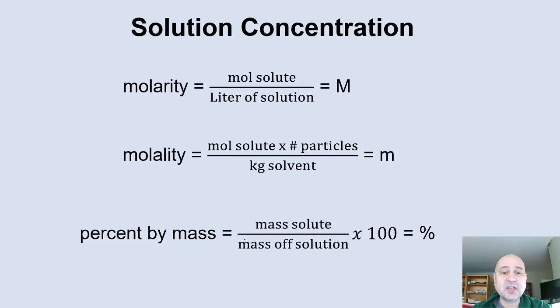And we know from previous chapters why some things dissolve and others do not. So a solution is basically any homogeneous mixture. That can even be a solid, as long as there are two components, a solvent and a solute.